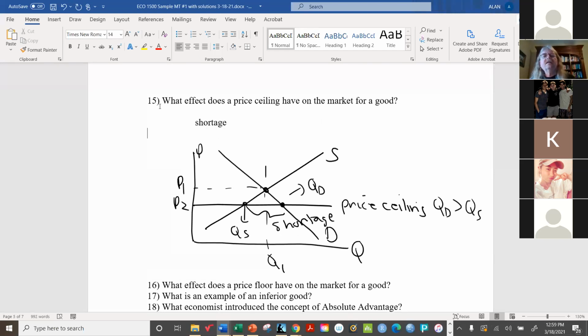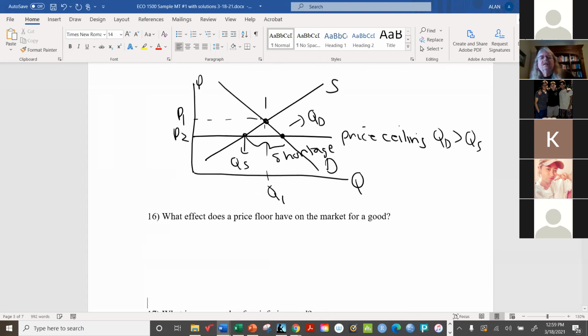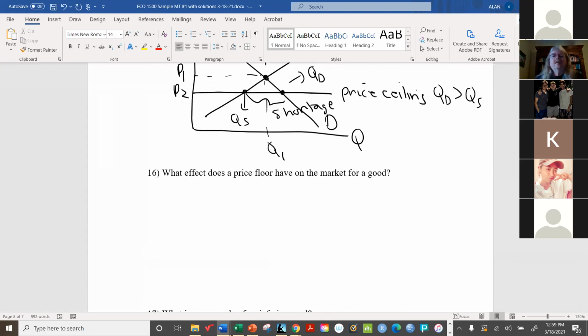Unlike in the free market, where this problem wouldn't last for very long. If there was a shortage of housing, the landlords would raise the price or they would raise the rent. And in addition to that, they might also build new buildings in the long run. But here that can't happen. So we have a shortage that cannot correct itself. The price floor is exactly the opposite. All right, the price is too high.